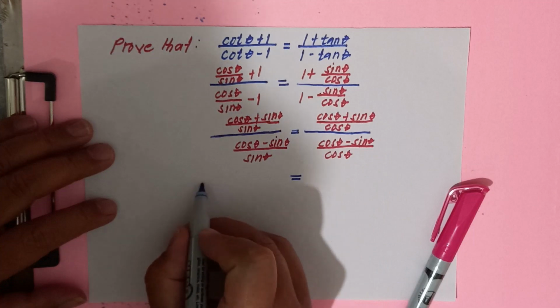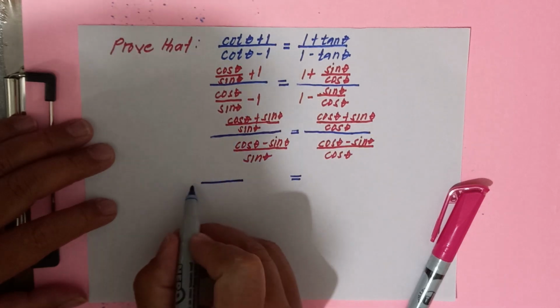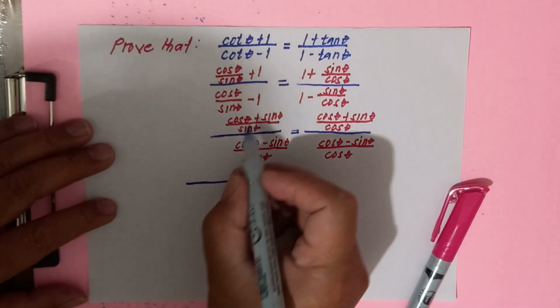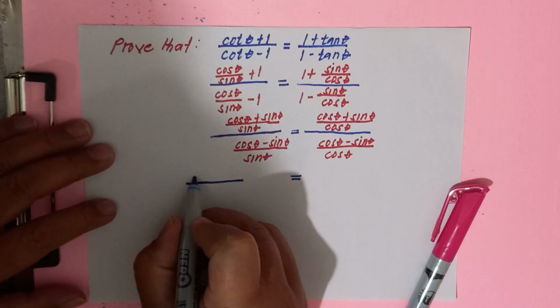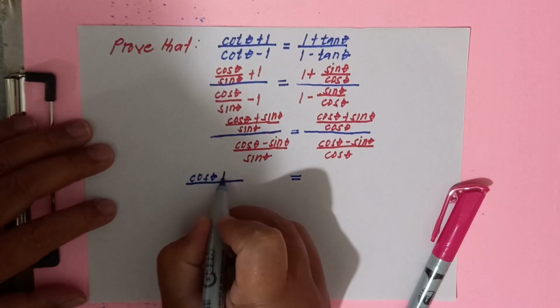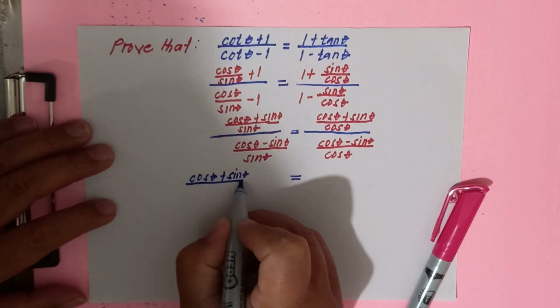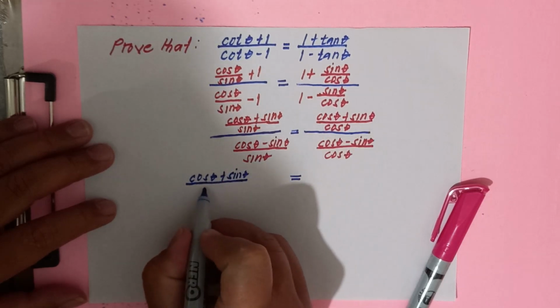The numerator is cosine theta plus sine theta over sine theta.